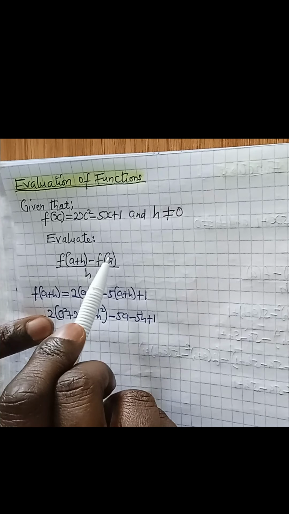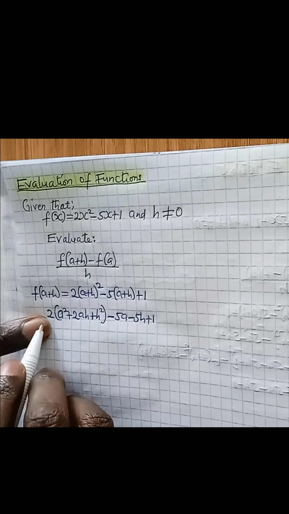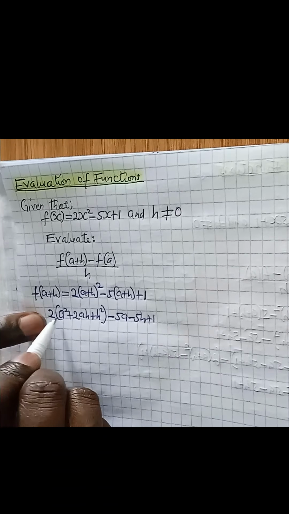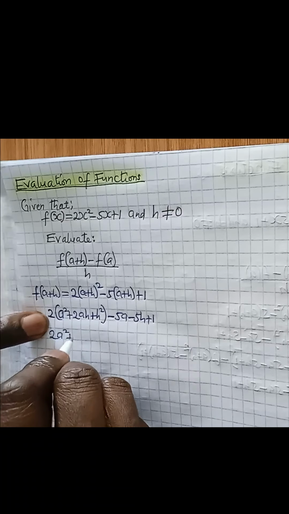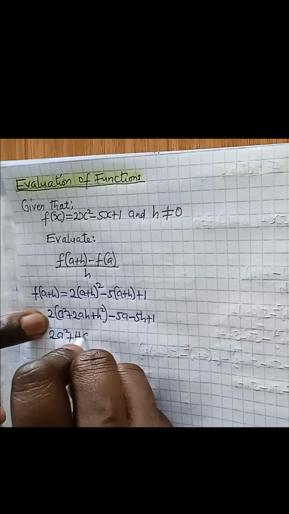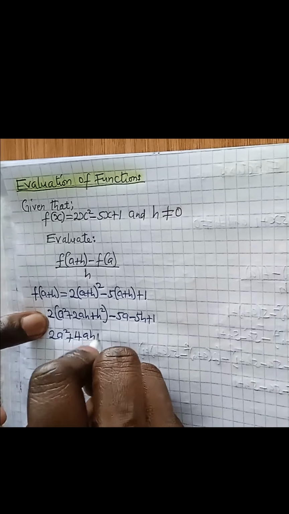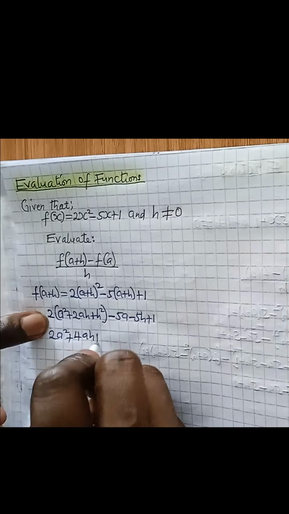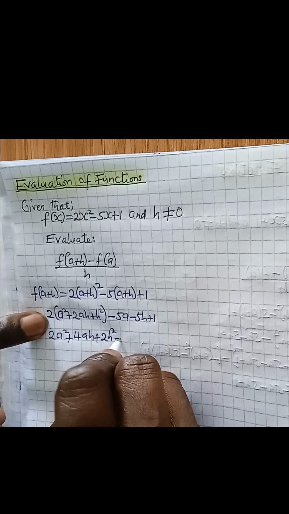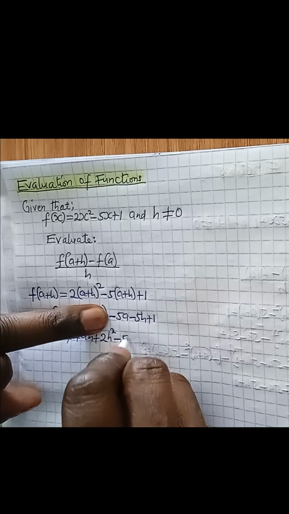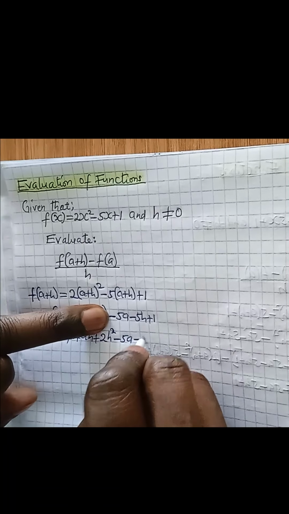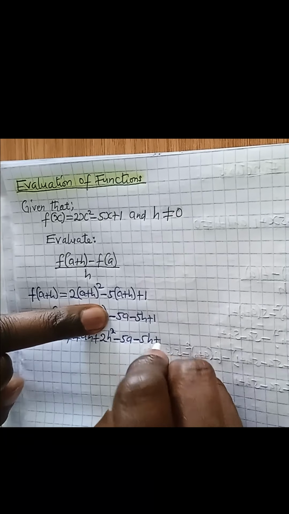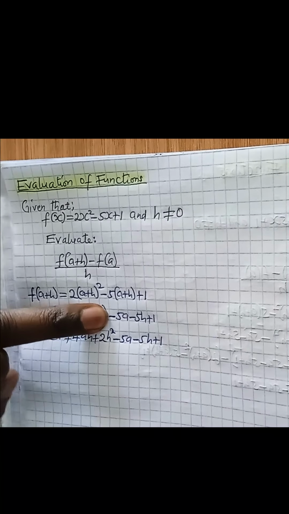Remember, we've not yet subtracted this, we're still on this, so we say this 2 times a squared is going to be 2a squared plus 2 times 2ah, it will be 4ah, then plus 2 times h squared is going to be 2h squared minus 5a minus 5h, then plus 1.